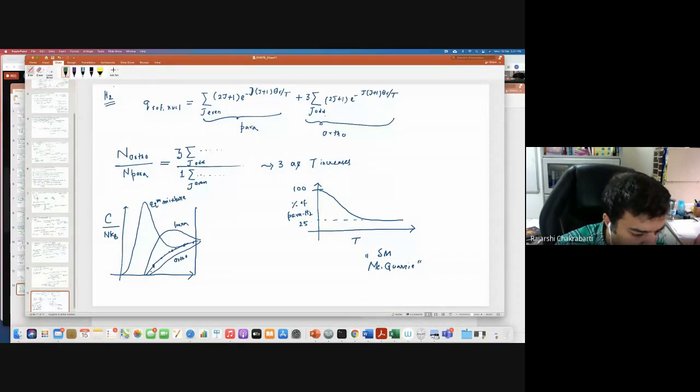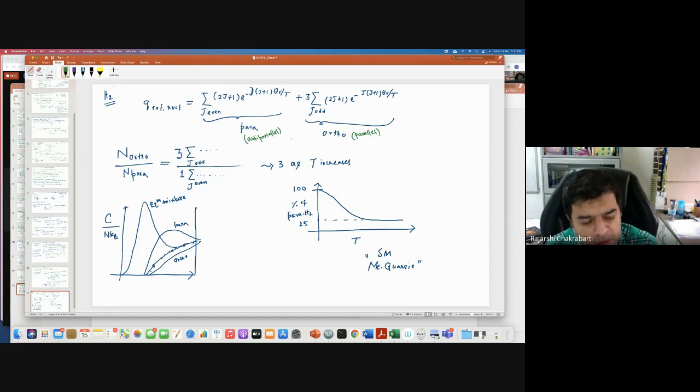So odd J levels are populated, and it combines with symmetric nuclear spin functions. So ortho means parallel spin, and para is anti-parallel. This is a very crude way of saying things, but this is how it is.